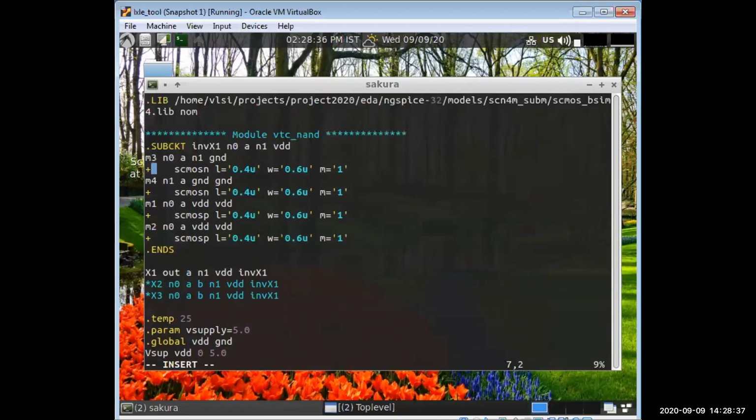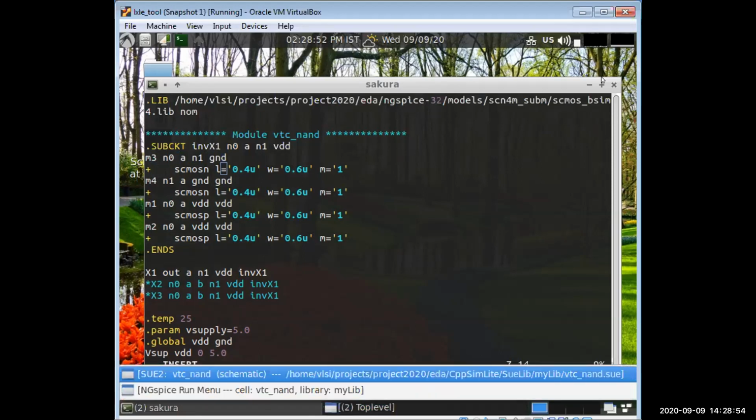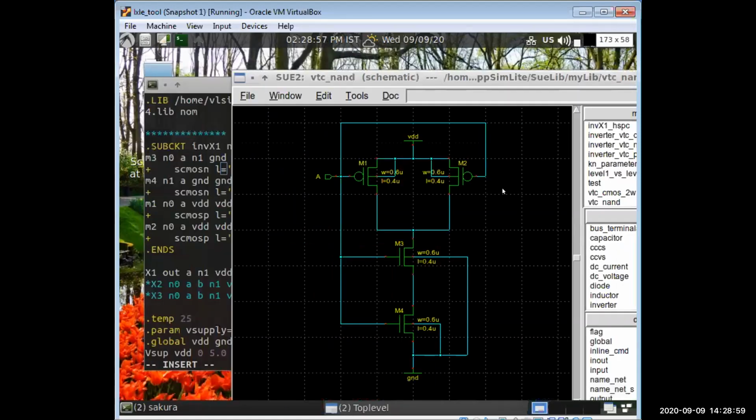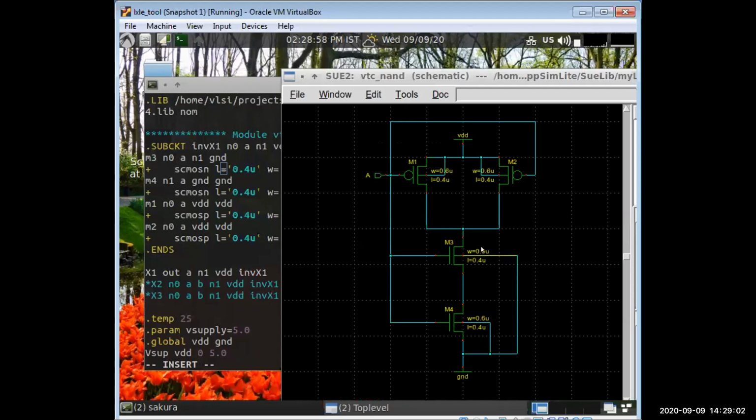You can see here in M3, drain is 0, the gate voltage, that is input, is A. Then this is drain, this is gate, this is source, and this is bulk. So I am showing you the schematic, then you can know it. So see here, M3 is this one. So this is the drain which is connected to the output node. It means the output we will be getting here. Then M4 is connected to that.